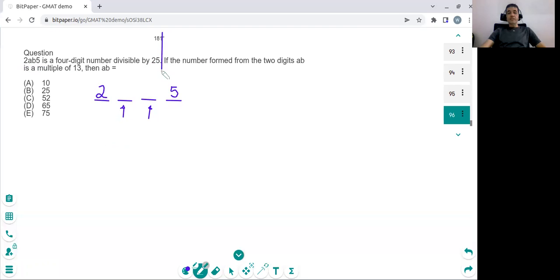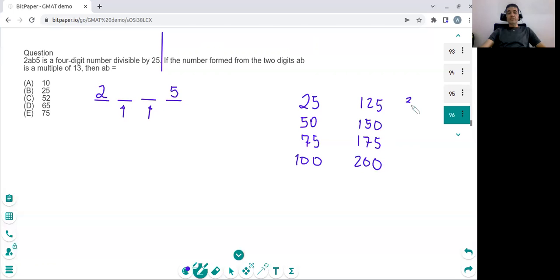Let's stop here. A number is divisible by 25 if it ends in what digits? Let's investigate that. 25 times 1 is 25. 25 times 2 is 50, times 3 is 75, times 4 is 100, and if you continue, the next one in line will be 125, plus another 25, you have 150, then 175, then 200, and so on.